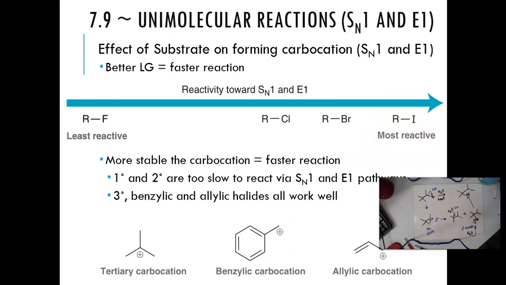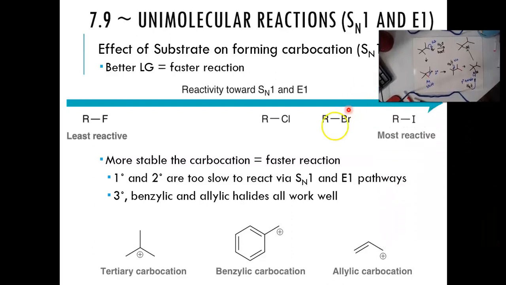And then the bottom half of our slide here is telling us that we need to have a stable carbocation. Because our reaction has a carbocation intermediate, we can't use primary and secondary halides. They're too slow to react. They don't have a stable enough carbocation. So instead, we want to use tertiary, benzylic, and allylic.